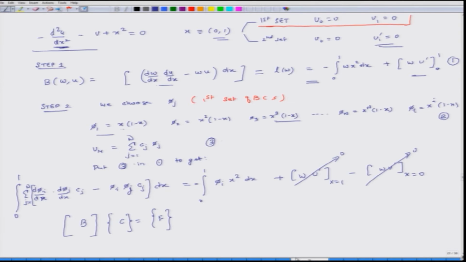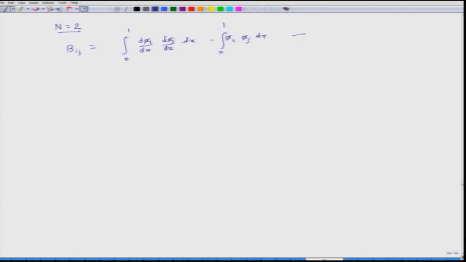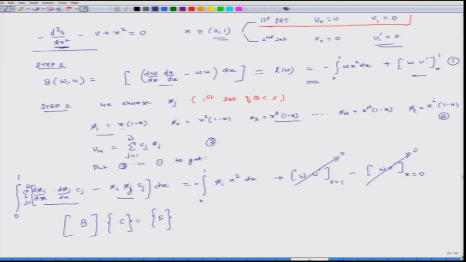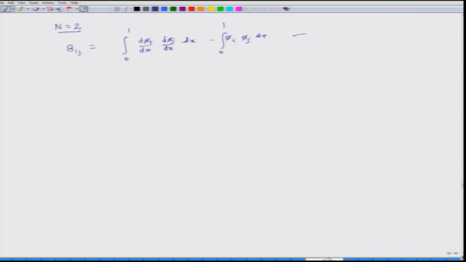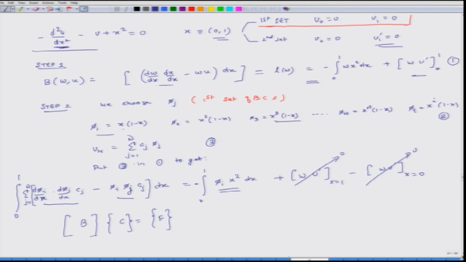It is basically the same thing. Okay. So, this is how I get B_ij, and the force vector is related to the integral of phi_i times x squared, and while calculating B_ij I substitute these phis with the assumed functions which are phi_1, phi_2, phi_3 and so on and so forth.